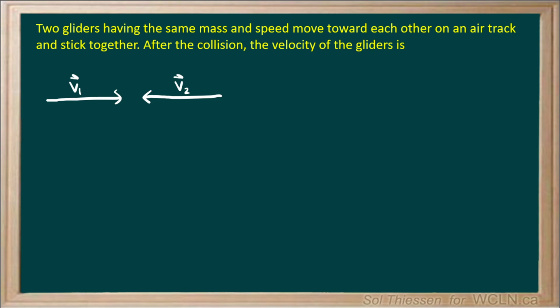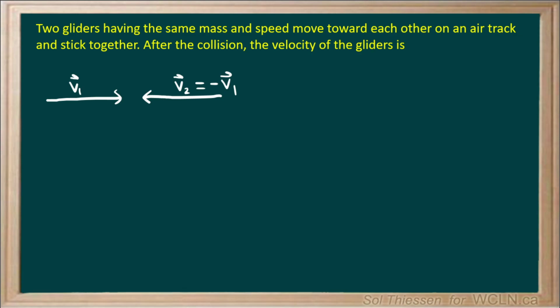But the velocity of that second glider, since the two velocities are of the same magnitude, will be equal to the negative velocity of the first glider. So we see that the two vectors will have the same length, but they'll just be opposite in direction, which we can indicate with this negative. And that'll be important in just a second here.